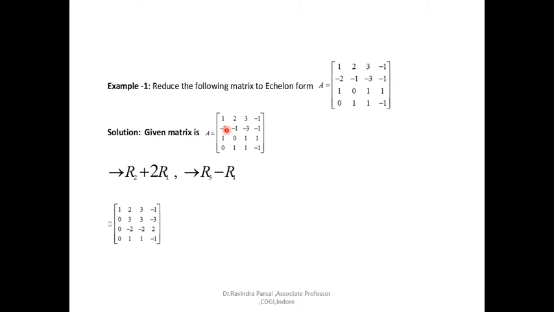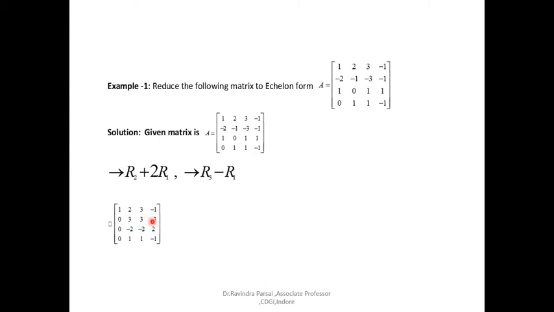So for this you will make this position 0. R2 plus 2R1 and R3 minus R1. This position is already 0, there is no problem. So we are doing this transformation by keeping the first row as it is, 1 2 3 minus 1. You change the second row: minus 2 plus 2 is 0, then 2 times 4 minus 1 plus 4 is 3, then minus 3 plus 6, so you get plus 3.